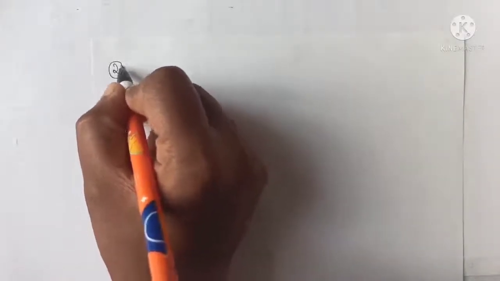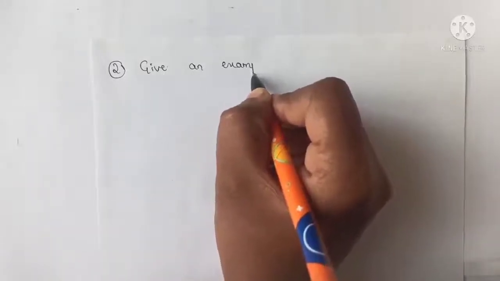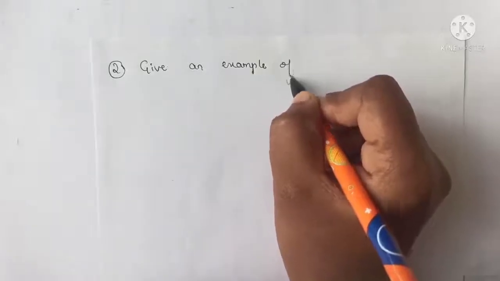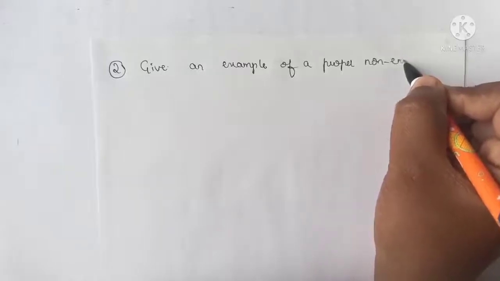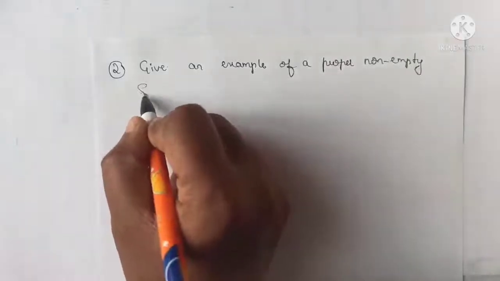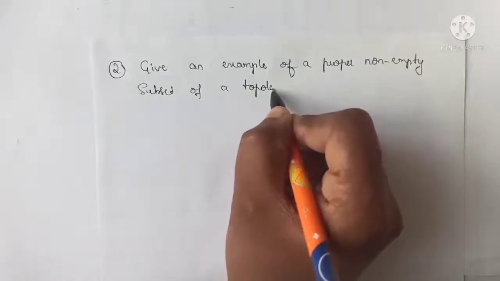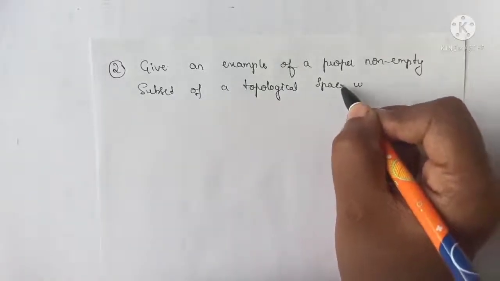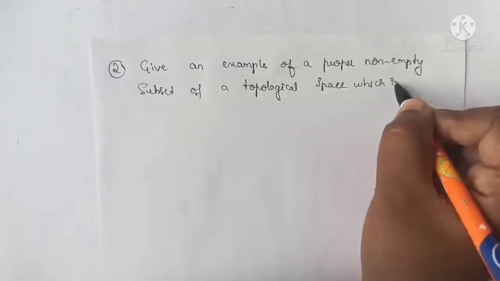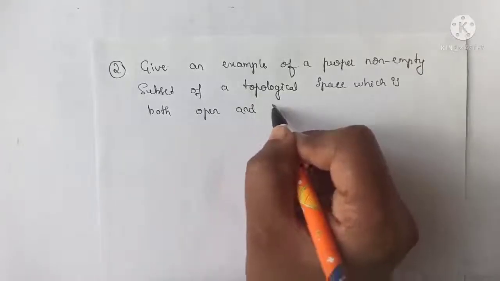Okay, next we consider another example. Give an example of a proper non-empty subset of a topological space which is both open and closed.